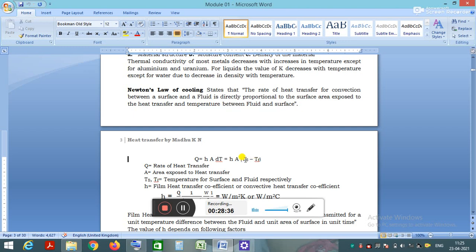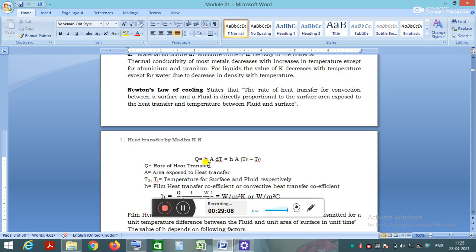Here T suffix S is the temperature of the surface which is exposed to the atmospheric air or the fluid, whatever it may be, and T suffix F is the temperature of the fluid. Q is directly proportional to the surface area A and the temperature difference between the surface and the fluid.